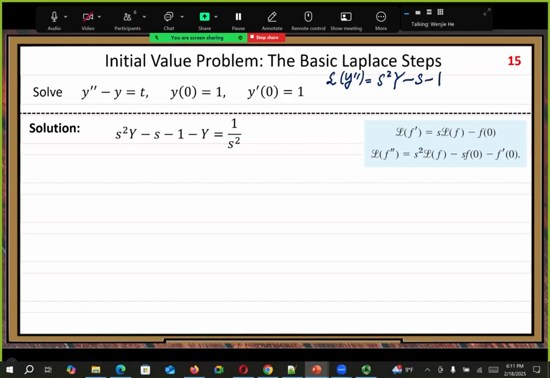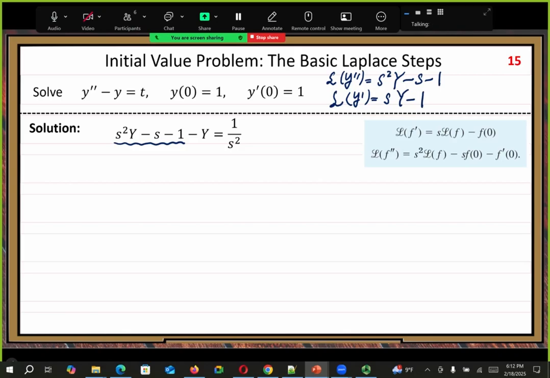So here you can see we have this part. Next one, y prime: S times Y, minus y0, 1.